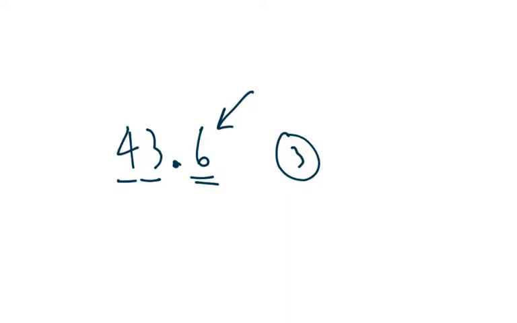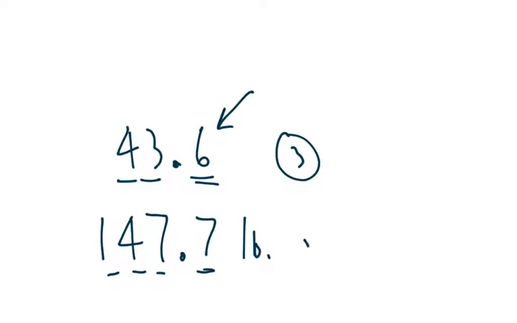You measure something on the balance. You weigh 147, let's say 0.7 pounds. All of these digits are non-zero, therefore all 4 are significant. And yes, the 7 here is an estimated digit, but that's also significant. So rule number 1, if you're a non-zero digit, you're automatically significant.